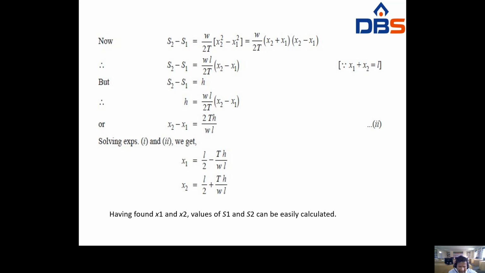Lastly, x1 is equal to L by 2 minus TH by omega L, and x2 is equal to L by 2 plus TH by omega L. By having the x1 and x2 values, we can easily find S1 and S2, right?